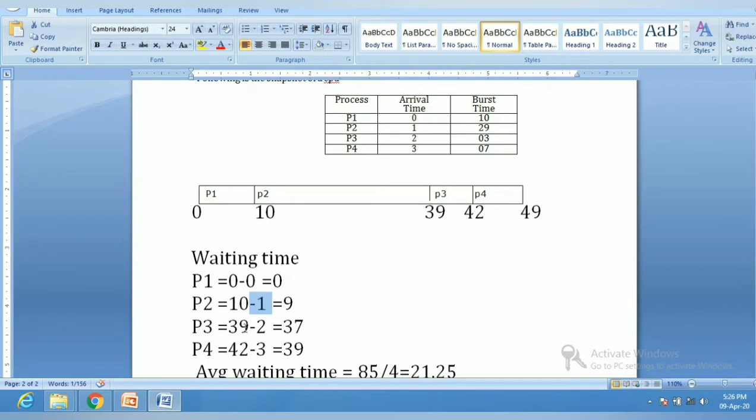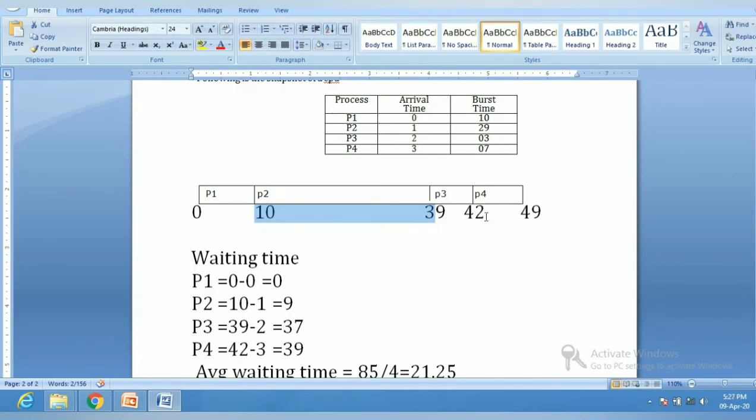When I talk about P3, P3 has waited for 39 milliseconds. But P3 has arrived to the system only at the second interval of time. So I deduct that 2 and then I get my waiting time as 37. So is for P4. P4 has waited for 42 milliseconds.